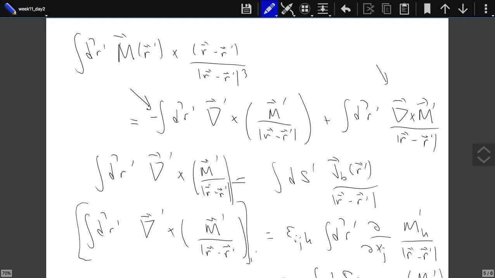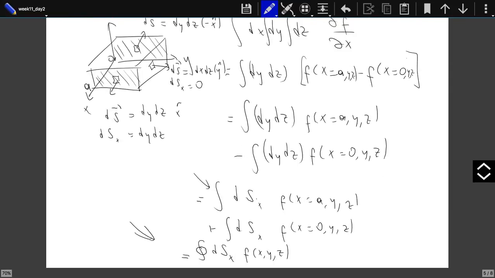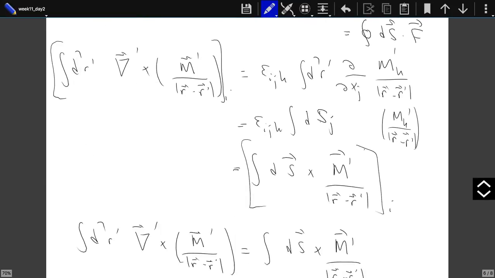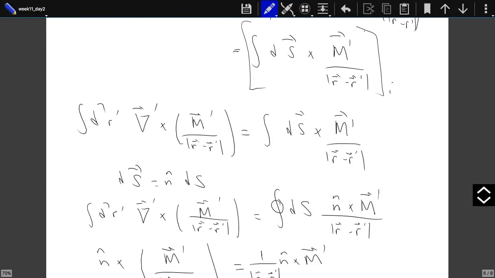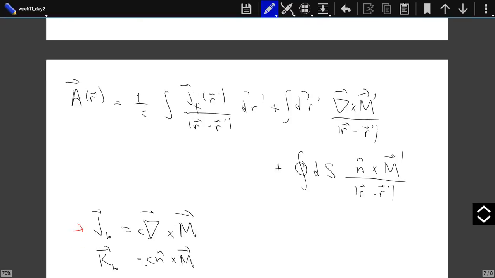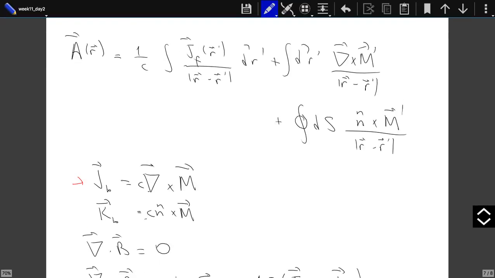Well, that minus sign over there, I mean, all this derivation is correct. Here I have a minus sign. So the bound current density is minus c times n cross M. Okay, so everything now fits.